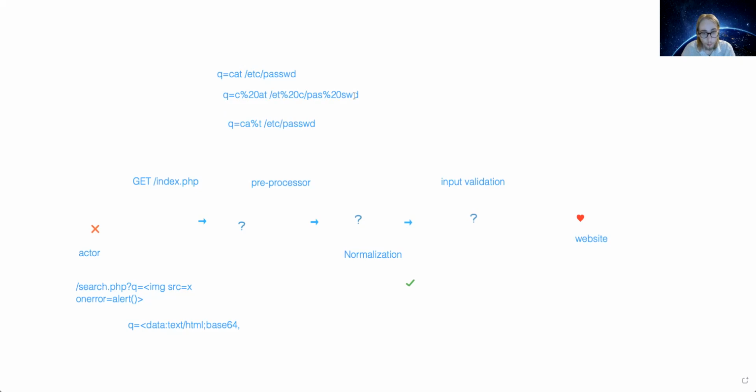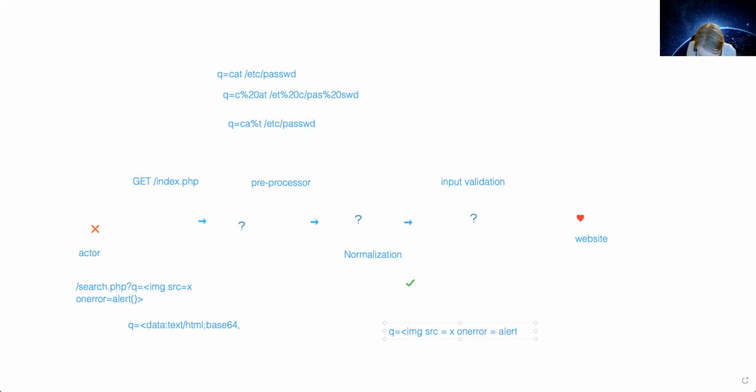For example, you can just add spaces maybe. Let's try another one. Let's open up our image again. So we have our image that we had, but let's just add a space this time. So image source, and then we add a space, equals, and then we add another space X. We do that as well for the event handler onerror, and then a space, and then a space again, and then alert.